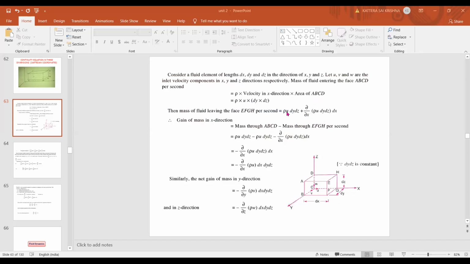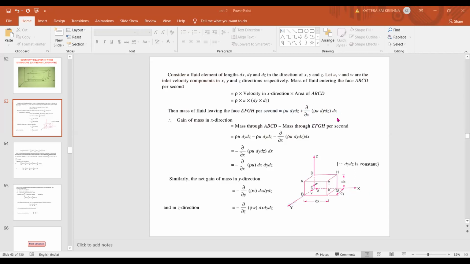What is coming out is nothing but rho u into dy into dz, the mass entering, plus the change in the mass which has entered. So dou by dou x of the same mass flow rate into dx, because it is coming in x direction. The change in the mass flow rate in x direction is denoted by dou by dou x of rho u into dy dz into dx. Yes, any doubt here?